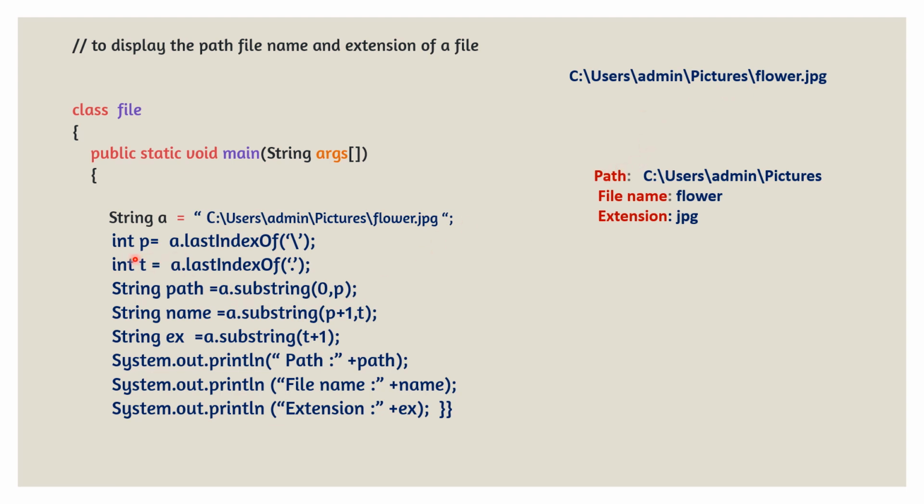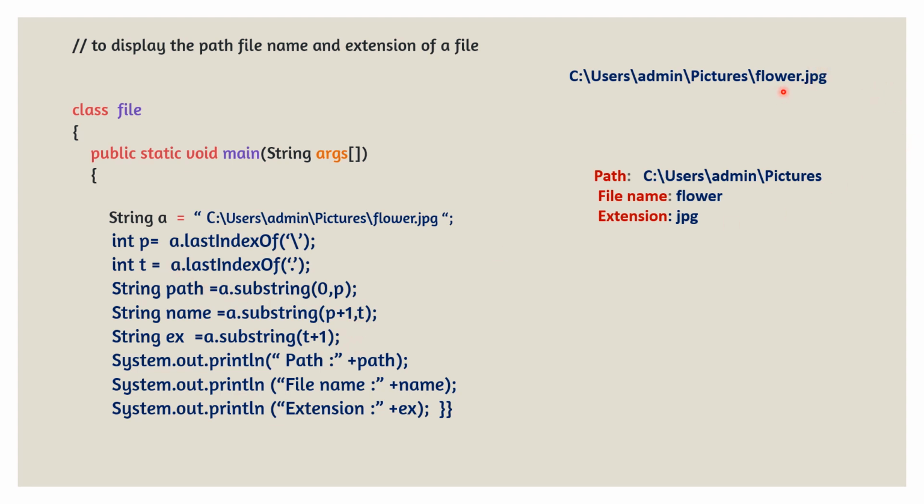So here I have written int p is equal to lastIndexOf slash, and int t is equal to the last position of full stop, and String path is equal to substring of 0 to p. P is the last position of slash. So starting from C till the last slash will be stored in the variable. And substring of p plus 1 to t, that means starting from F, t is the position of full stop.